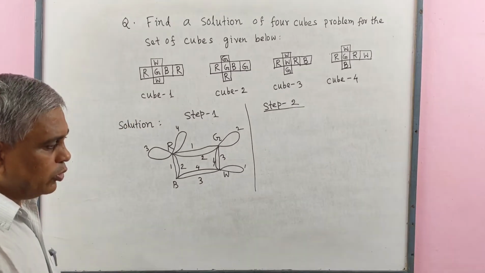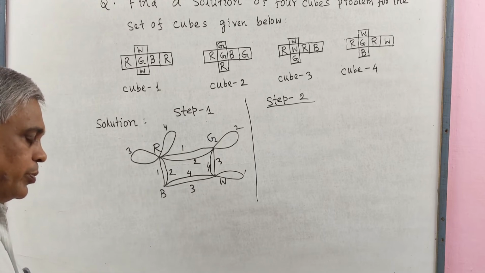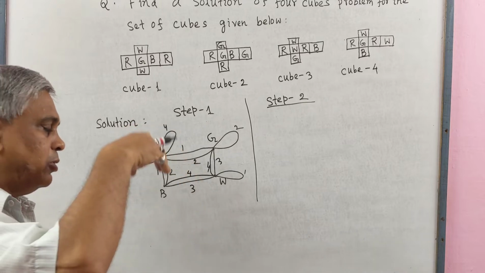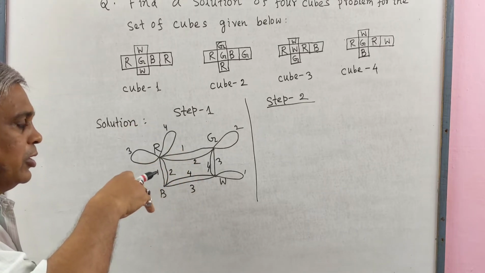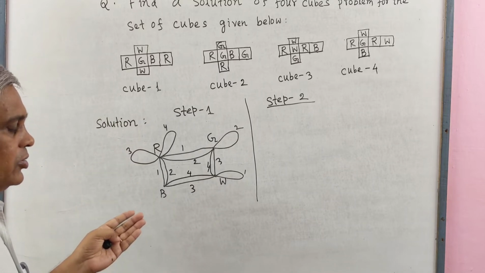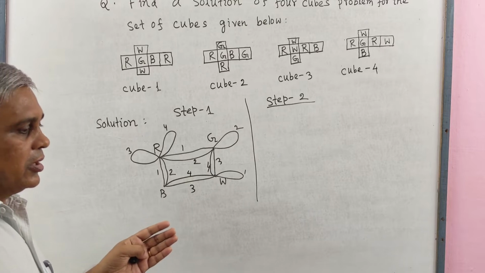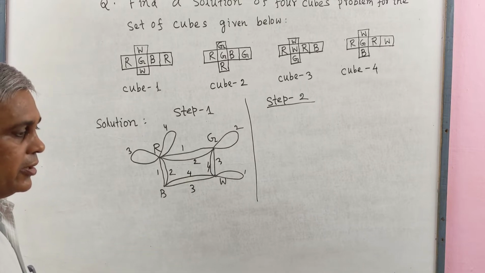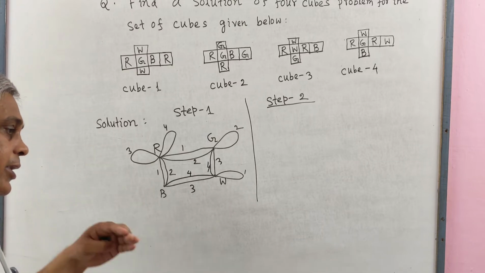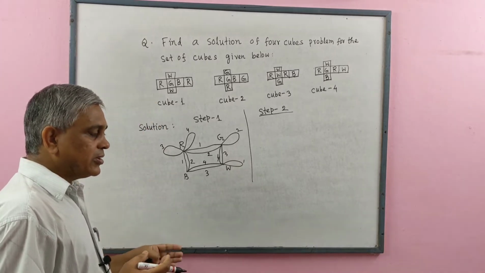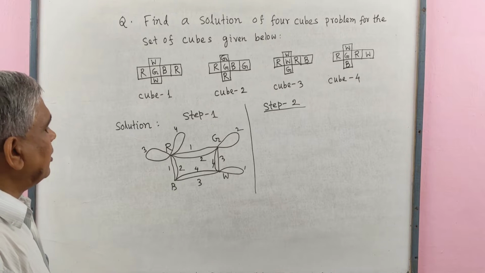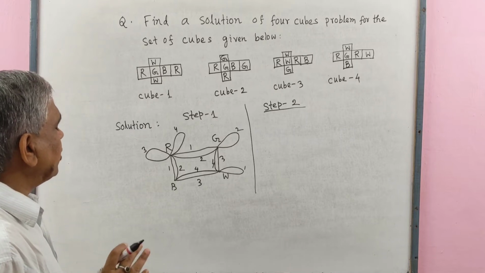In front, if we place one cube, then on the top other cube, then on the top other cube, and then on the top other cube, 4 cubes. We get 4 faces in the front and 4 faces in the back. These 4 faces are of 4 colors, and again the back face will also include, so 8 faces will contain only 4 colors.